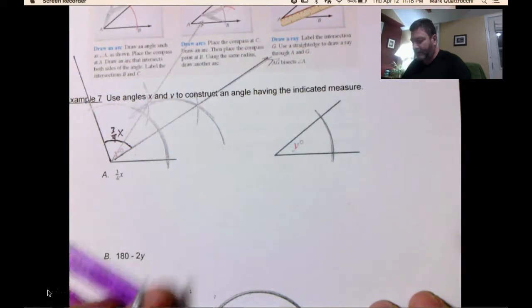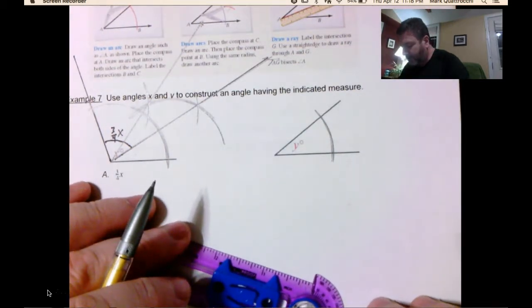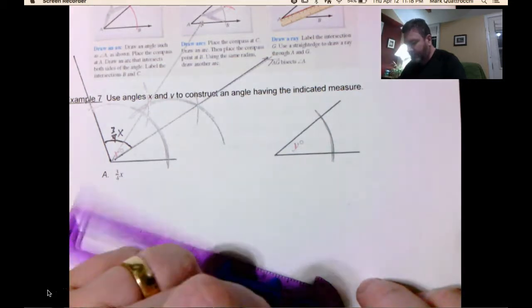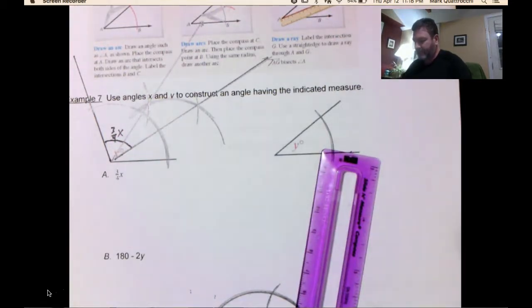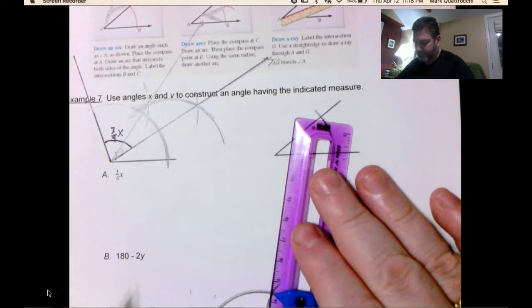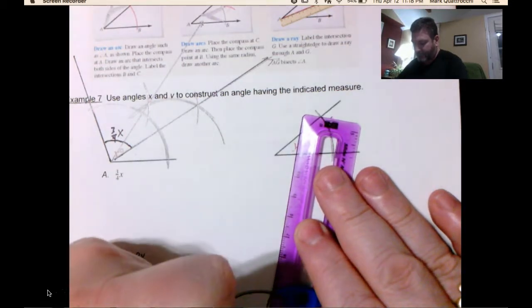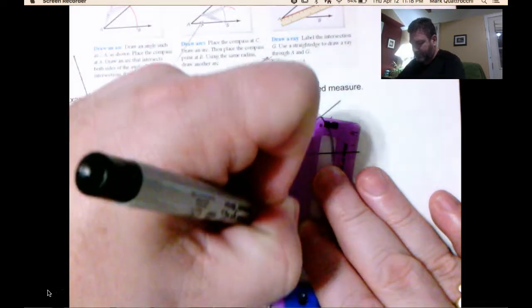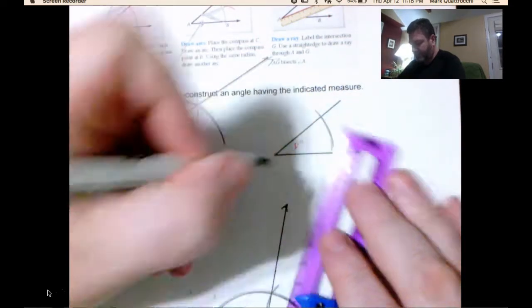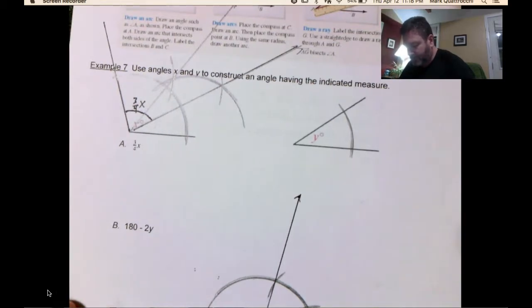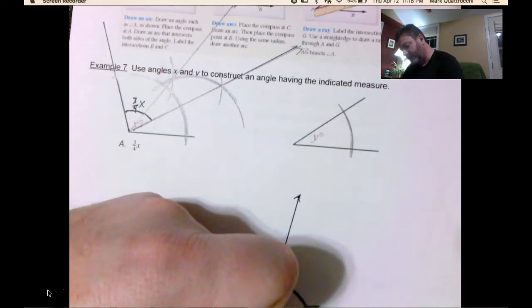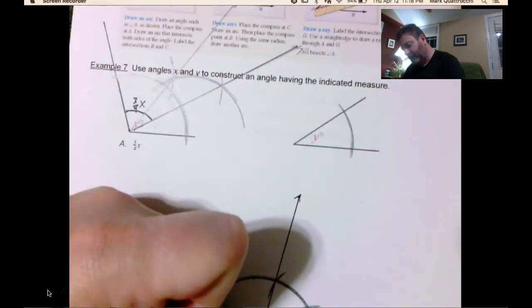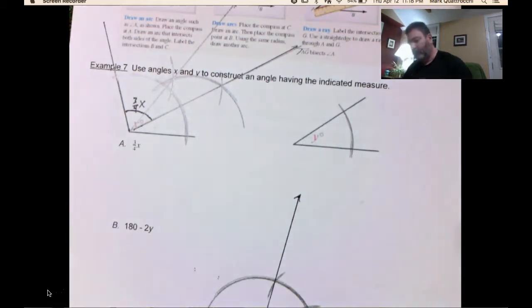So that's 1 angle y. If I do it again, this is 2 angle y's. So this arc right here, or this angle right here, is 180 minus 2y.